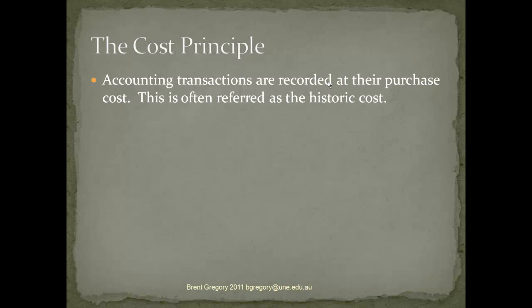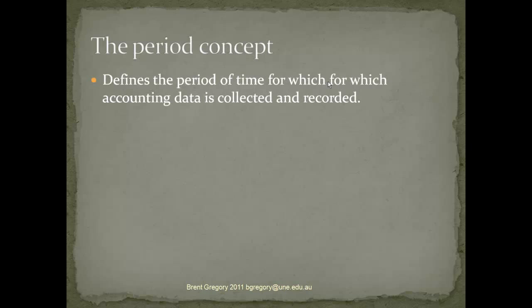The cost principle means that we record all accounting transactions at their original purchase cost. This is often referred to as historic cost, so you might hear the historic cost principle or historic cost accounting.